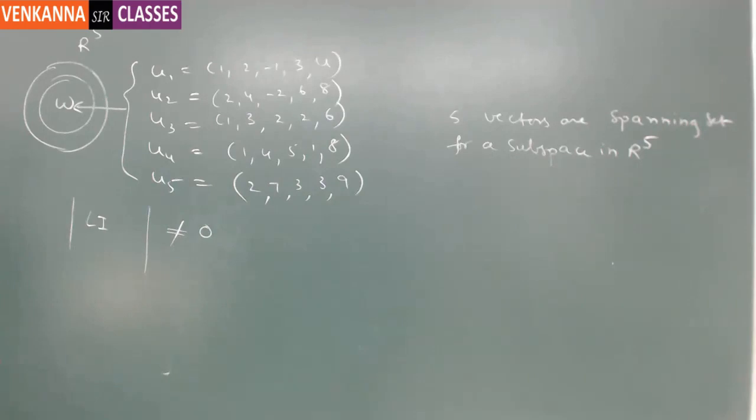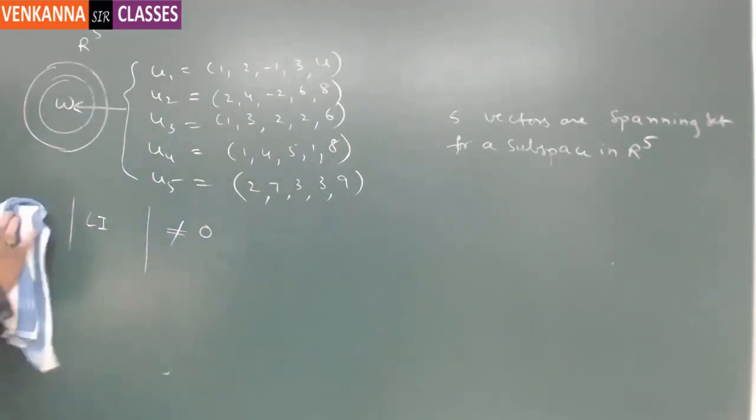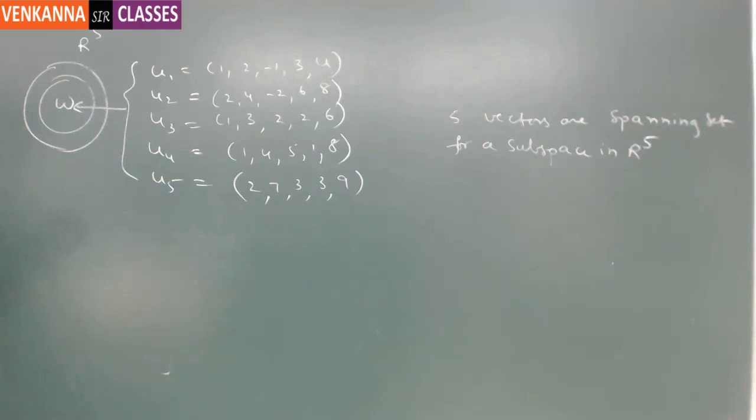So in order to get a basis using the given vectors only, not different vectors, we simply write them in the form of a matrix. And here the vectors are written as columns in the matrix. So the first vector is written like this.